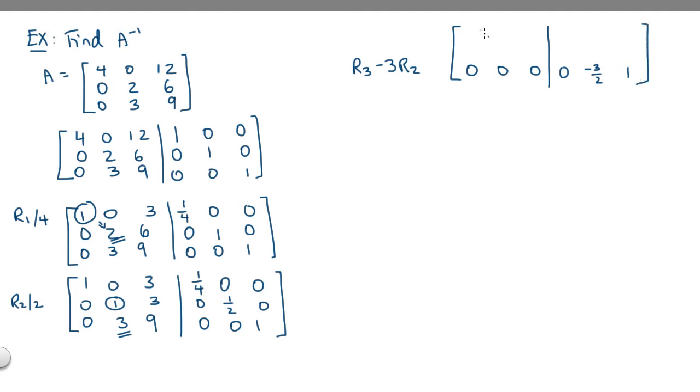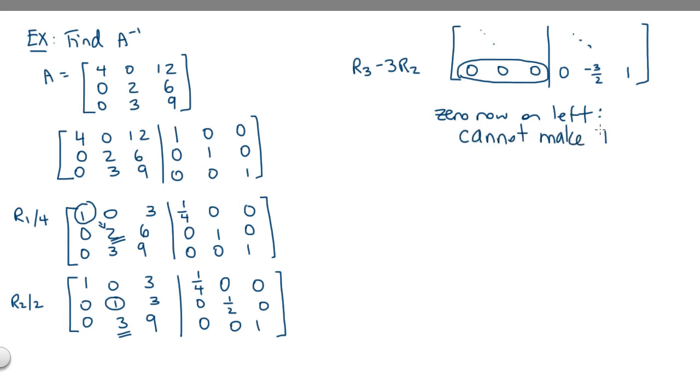Okay, now we could recopy our top 2 rows if we like here, but just a comment before we do that. Notice that we've got a 0 row now on the left, meaning we've got a row that consists entirely of zeros on the left side of the matrix. As soon as this happens, this is an indication that we cannot make the identity matrix on the left.